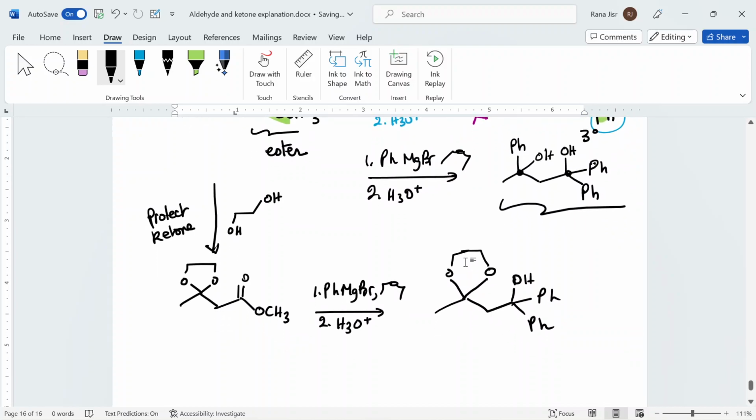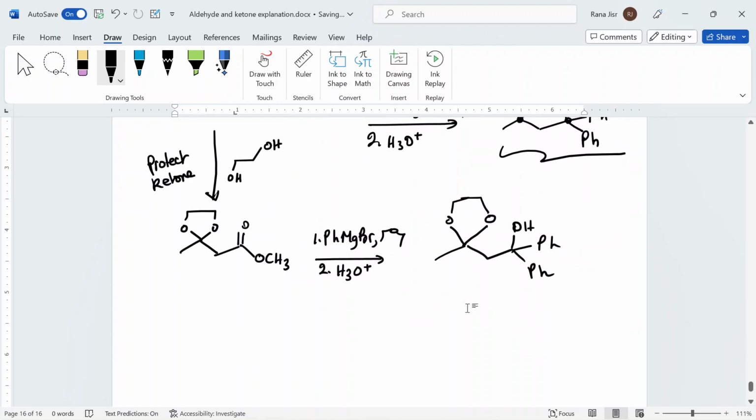Now I can go ahead and do hydrolysis over here. And this is the good thing about these reactions. They can be reversed by simply adding some water in the presence of an acid. What you're doing here is breaking the bonds. This is going to be your alcohol part.